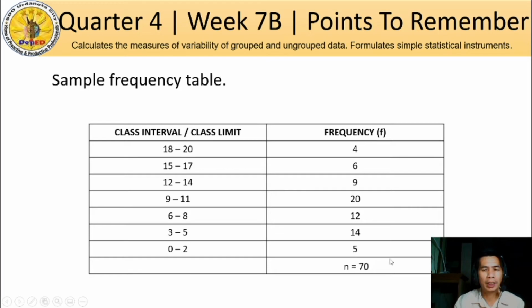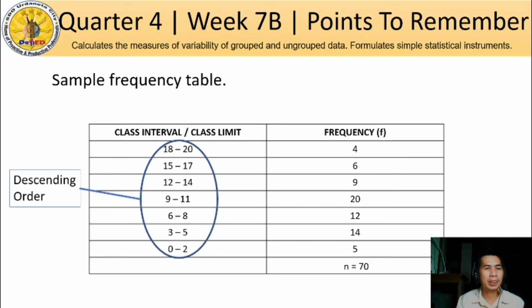And the total n, which is 70, nakalagay sa atin dito. So, yung nakikita natin dito na example is a descending order. So, pwedeng ganito kasi yung kakalabasan from the highest to the lowest score. So, 20 and 0. So, from highest to the lowest score, this is descending order.